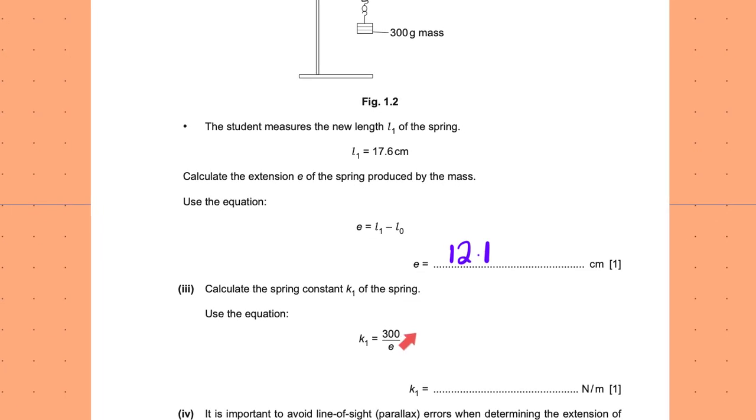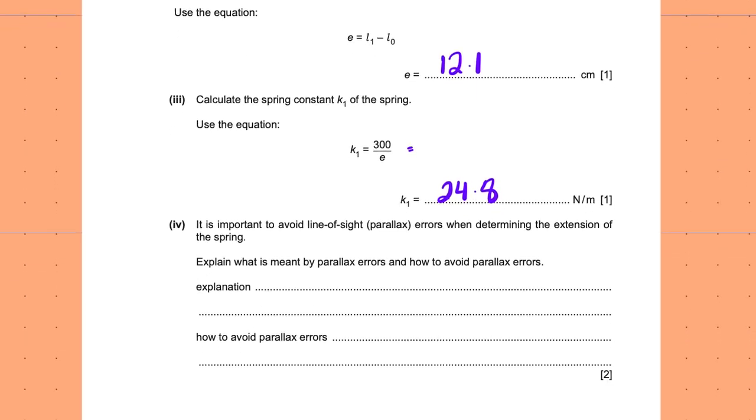The mass there was in grams as well, and we are told nothing to do with this, so let's just use this value. Actually, if you convert the mass to kg and then multiply by 9.81 and then divide by the converted unit of centimeters to meters, you'll get the same answer if you do this directly as well. So 300 over 12.1 turns out to be 24.79, or let's say 24.8 Newton per meter to 3SF.